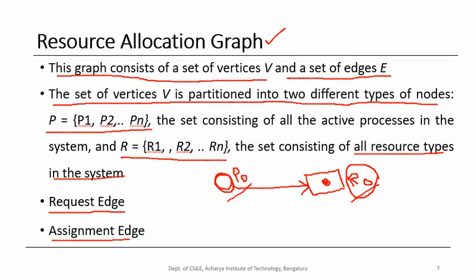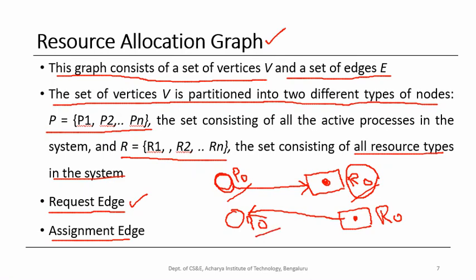Okay, now this edge is called a request edge because P0 is making a request for R0. It could be the other way also: if this is a resource R0, let us assume that this R0 is being held by P0.